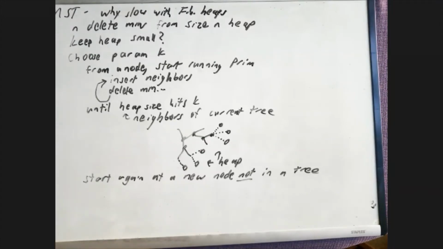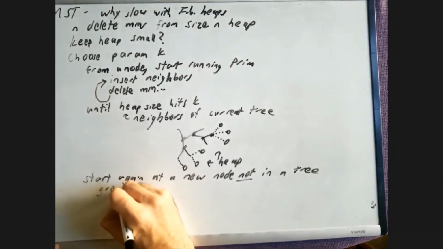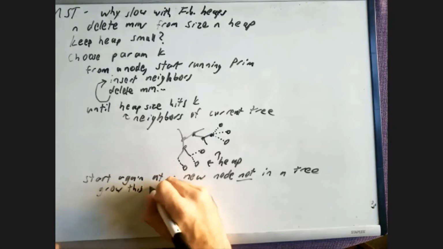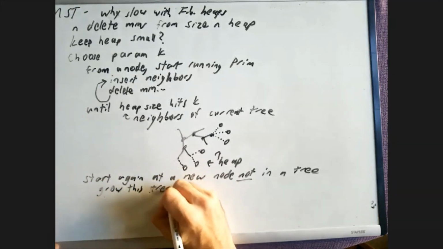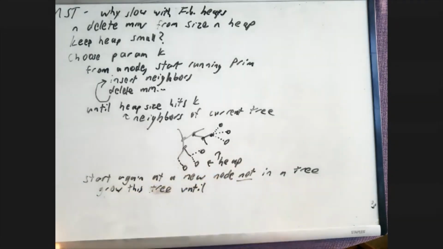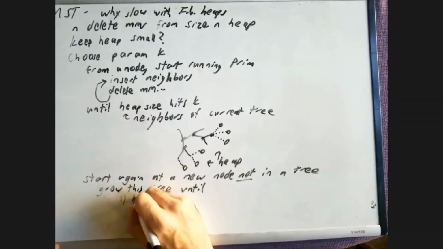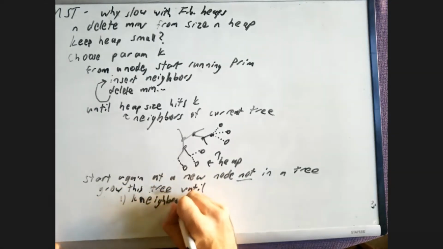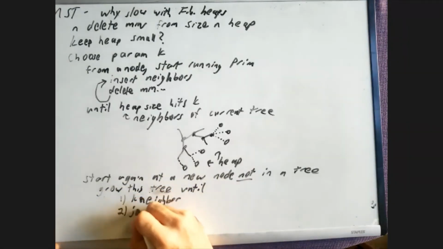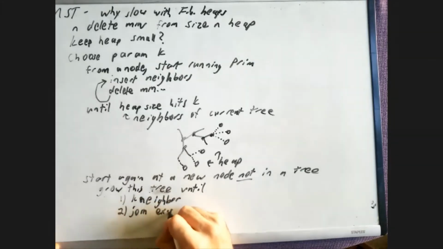And when that tree is too big or has too many neighbors, I start at a different node that's not in a tree yet, and I grow another tree. And eventually, I'm going to grow this new tree until, now there's two things I have to worry about. One is that maybe I get k neighbors. The other possibility is that I join an existing tree.